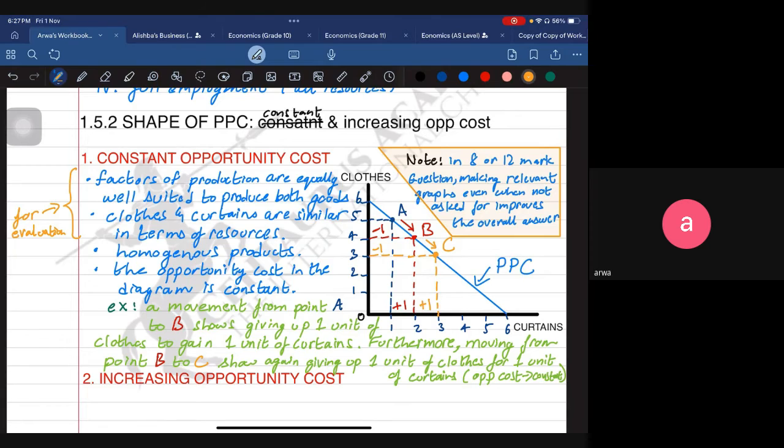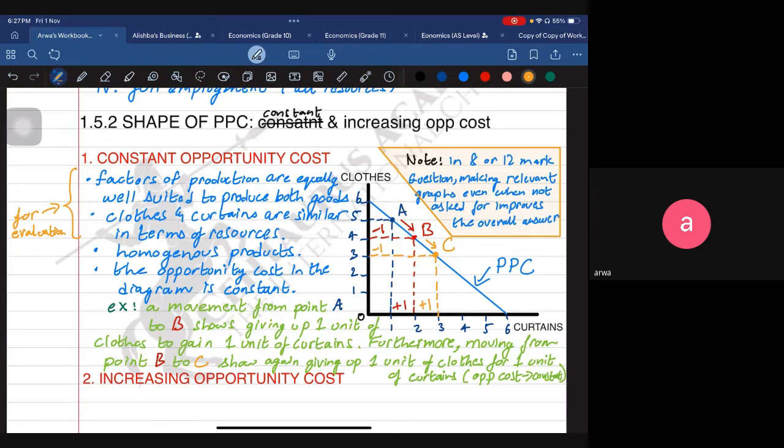So this is very important that in an 8 marker or 12 marker, if you feel that there is a need to, especially when there's a production possibility curve question, although they do not directly ask you to make a graph, usually in a 12 marker, they'd never ask. Most of the time they do not. So making a relatable graph, there are three things that you need to be very careful about if you are making a graph on your own.